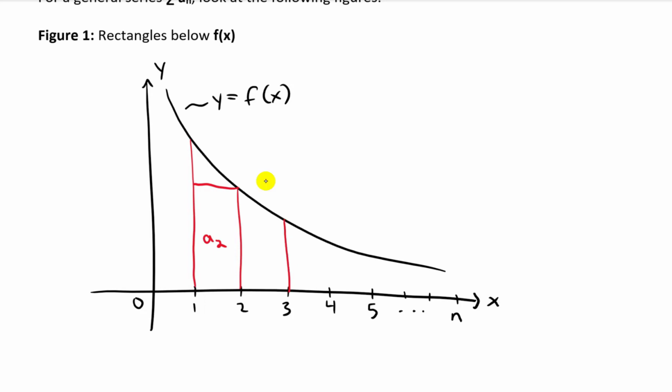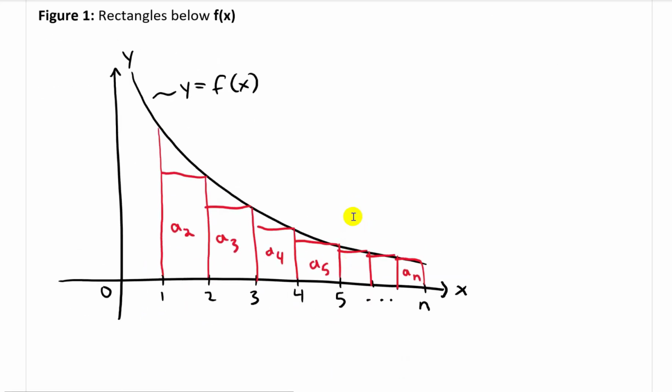Rectangles below the curve, this is A3. Likewise here, A4. Likewise, A5. And then it keeps going on and on, all the way until our A_n here. Something like that, A_n.